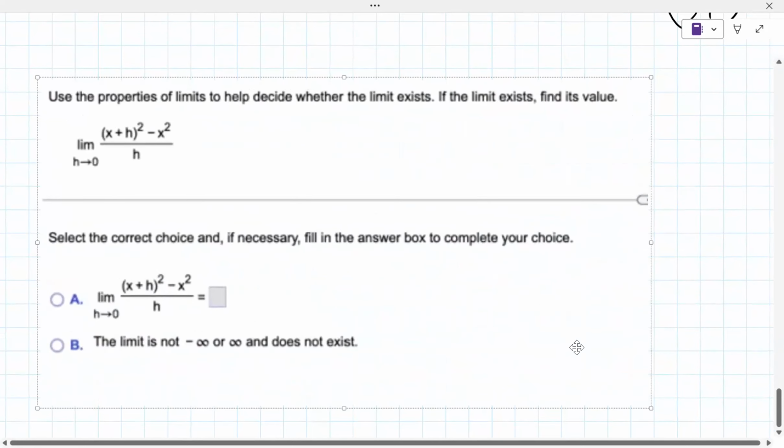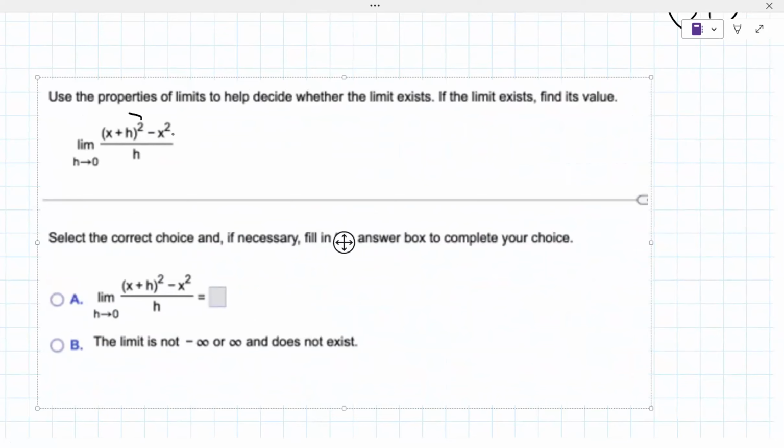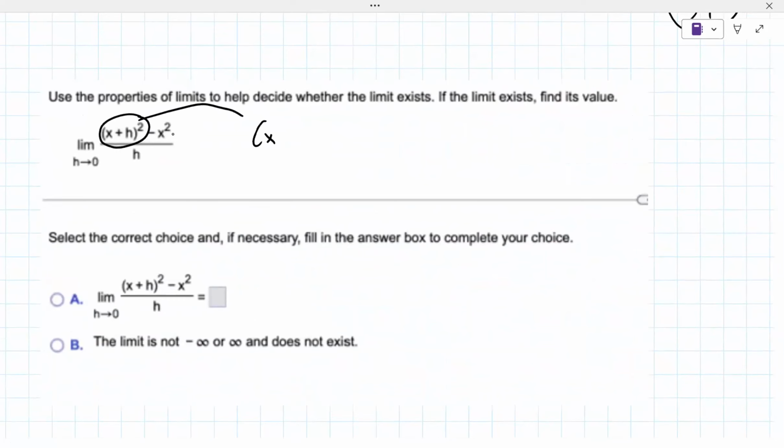Okay, I think we talked about this type of problem last time we met. The limit here requires you to expand this x plus h squared. And we talked about that you have to remember that this is really x plus h times x plus h. And again, you have to FOIL to expand it.